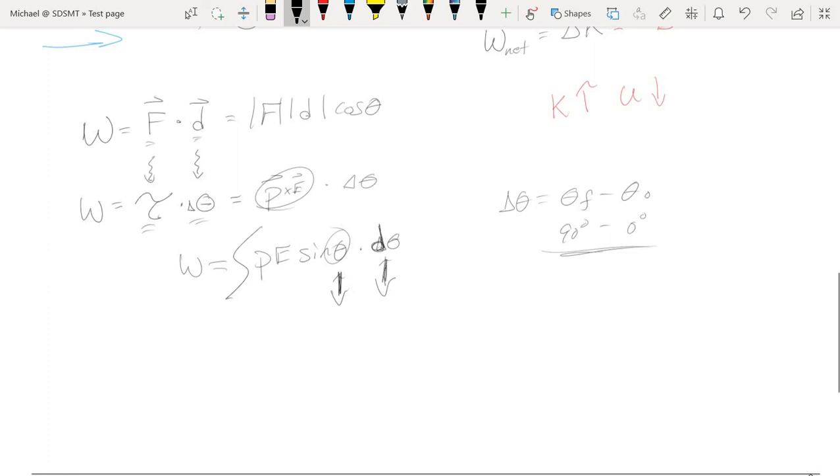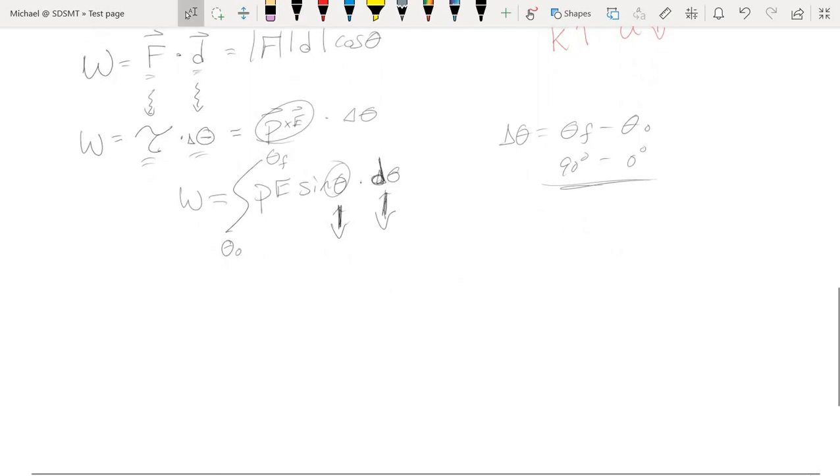To make sure that we have a definite integral, we need to incorporate some limits, and like I said, we can really go from any theta value that we want during this rotation. So we'll just plug in generic initial and final theta values. P and E at this point are now constants. They can come out front.